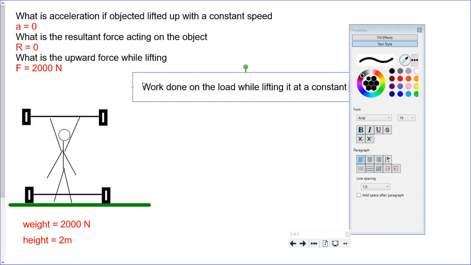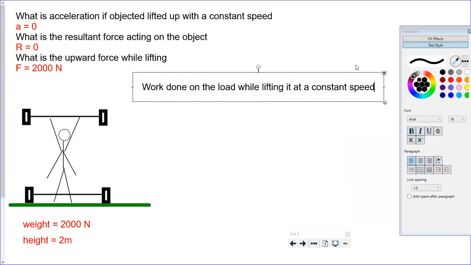We are lifting it up, but at a constant speed. So what do you think, both of you, what will be that work done?